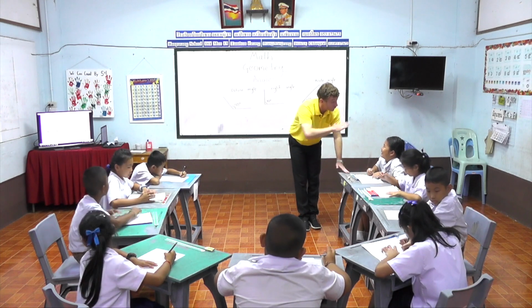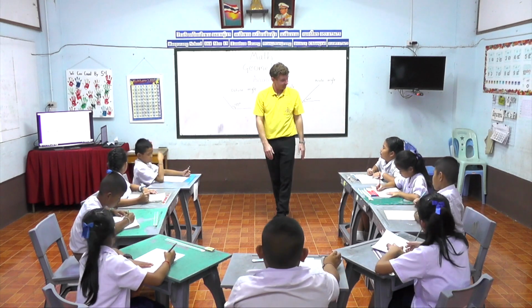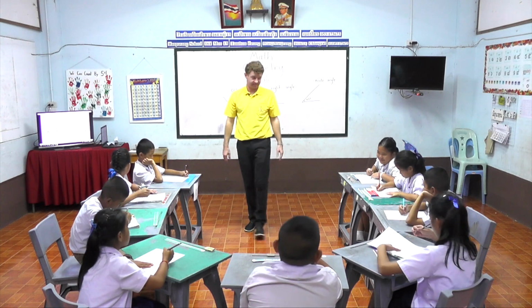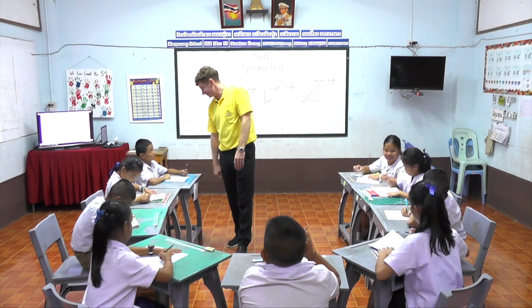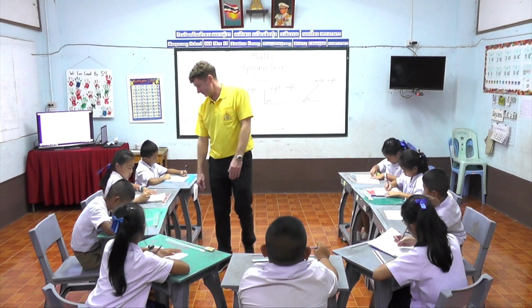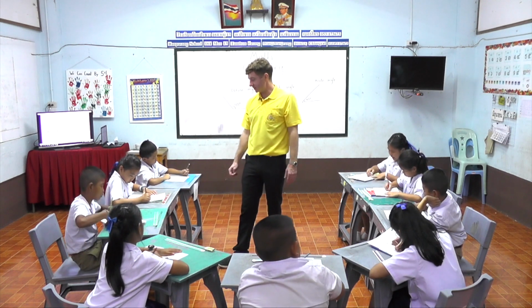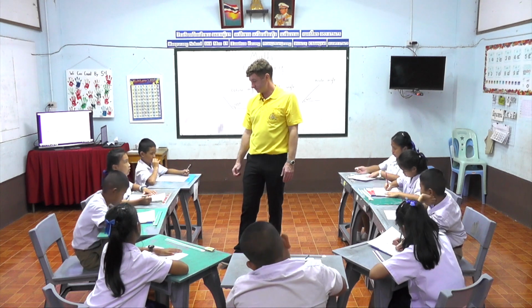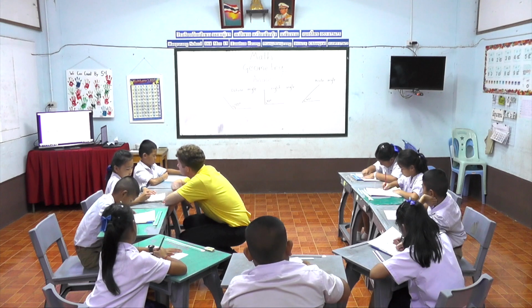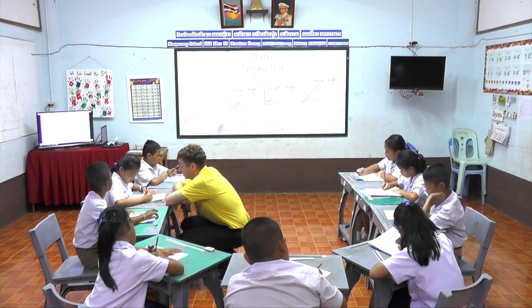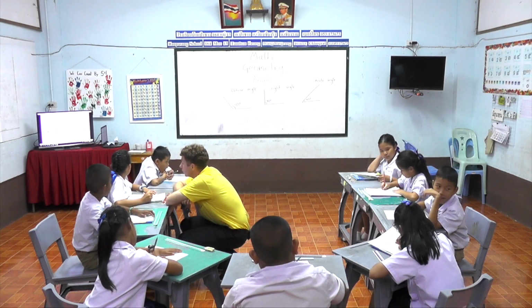Don't forget straight lines. The lines have to be straight. Nadia, that's excellent. Well done. So this type, you've drawn a full circle. What do we call a full circle? Full angle or full rotation.